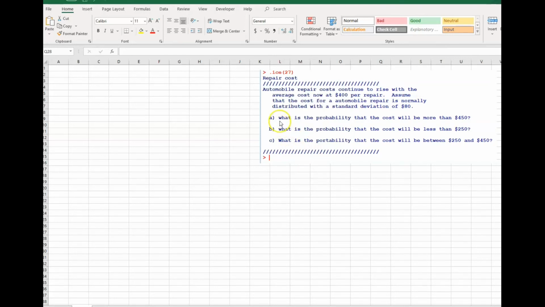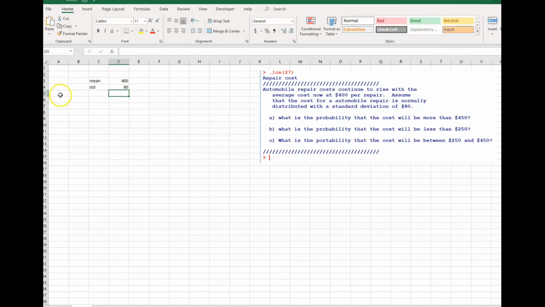Let's look at part A: what is the probability that cost will be more than 450? Let's type the initial given values: the mean is 400 and the standard deviation is 80.